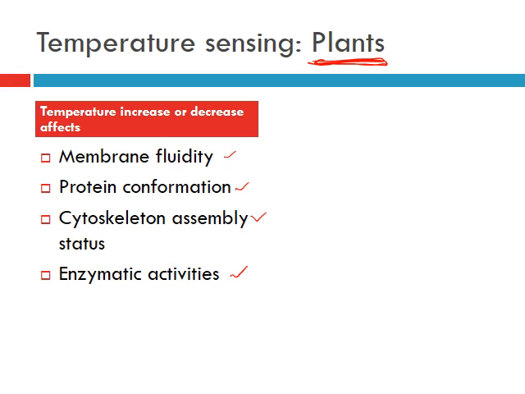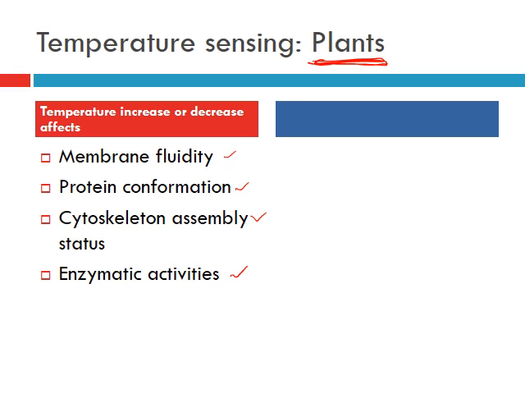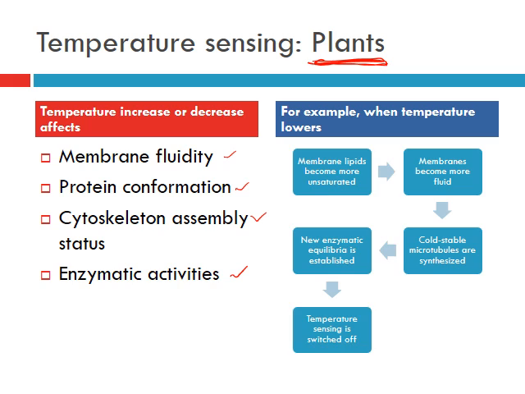All these are affected by temperature, and that is how the plant senses temperature. For example, when temperature lowers, membrane lipids become more unsaturated, and that makes the membrane more fluid, that sets up new reactions.